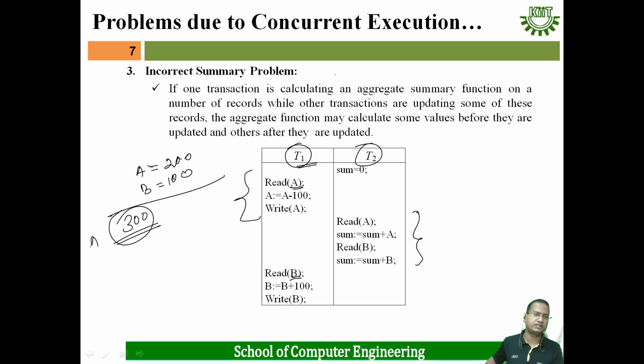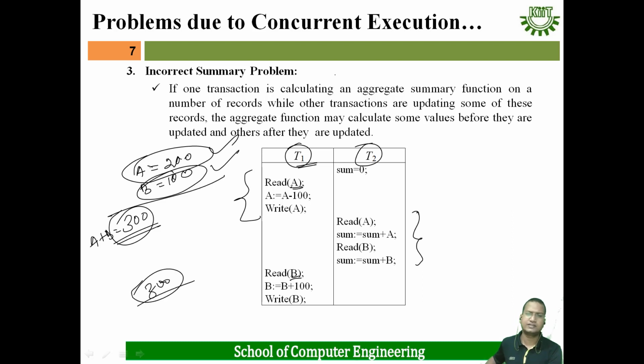After some operation on A and some operation on B, if I calculate the sum of A and B again, I should get 300. But in this case, we will see.